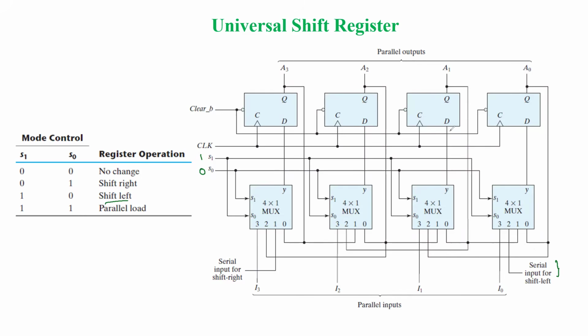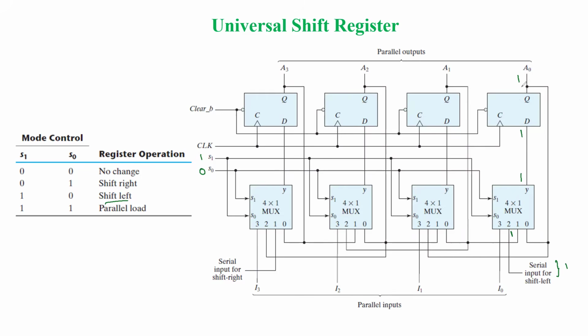Now again, a similar situation: suppose for example 1 is given as the input. That input is available at port 2 of the multiplexer, and that is available at the output. The same is the input to the D flip-flop, which is available at A0. So now the first LSB bit you can get here in case of serial in parallel out.